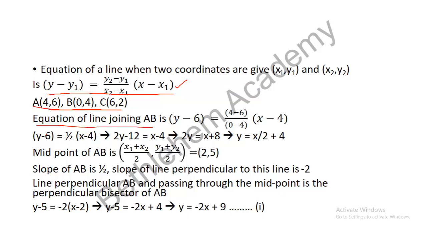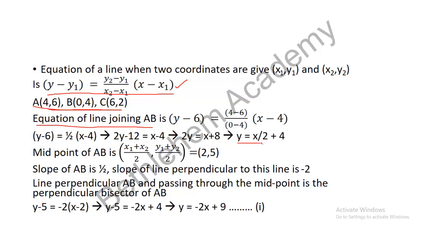When I cross multiply with 2, I get 2y minus 12 is equal to x minus 4, or 2y is equal to x plus 8. Dividing by 2, y is equal to x by 2 plus 4.